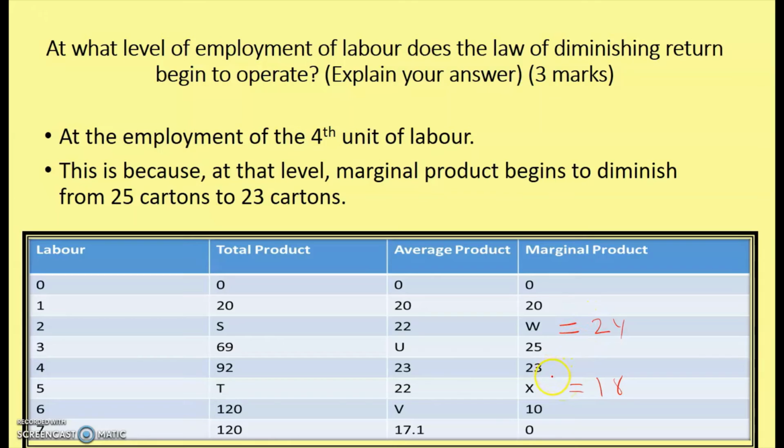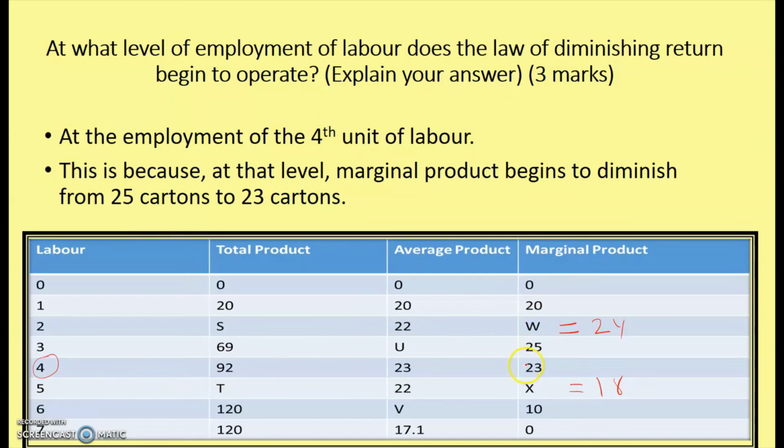So to answer the question, at what stage of employment, you are going to answer it using the labor. With the labor, we have 0, 1, 2, 3, 4. So at the 4th unit of employment, the law started operating.